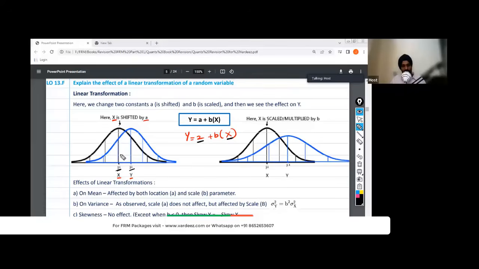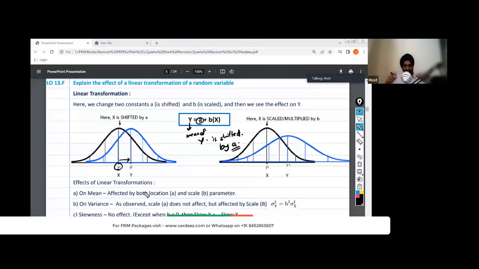As you can see, the mean is shifted to this side, right? So I can say that the mean of y is shifted, or affected, by the value of a. Don't you think this mu has been shifted to this side? Yes. By how much? By a.